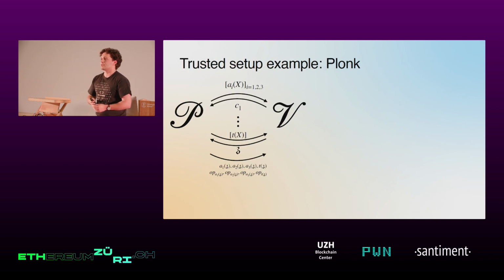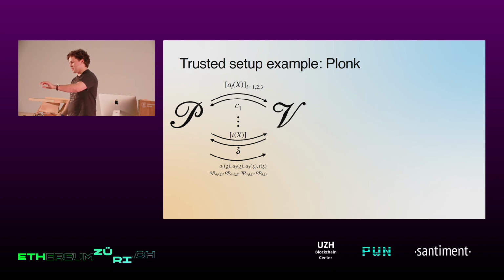So here is an example in the trusted setup. This is the Plonk proving system. Essentially, what happens in Plonk is you have an arithmetic circuit, and you try to encode this circuit with polynomials. Since gates have fan-in 2 and fan-out 1, you interpolate the left and right input wires with two polynomials, and you interpolate the output wires with another polynomial.